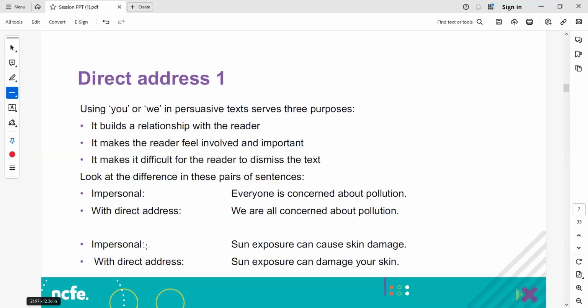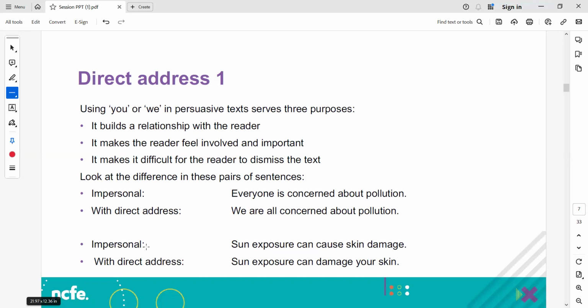So the writer wants to involve the reader, make it difficult for them to dismiss it. So it could be an advert for sun cream, or possibly a public information leaflet or advert, say, to prevent skin cancer.